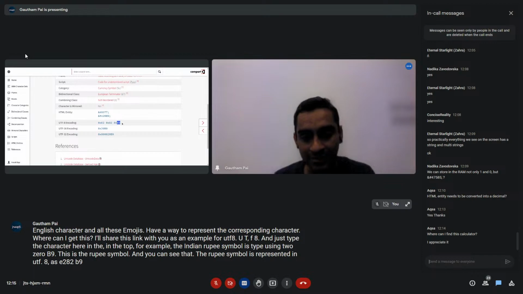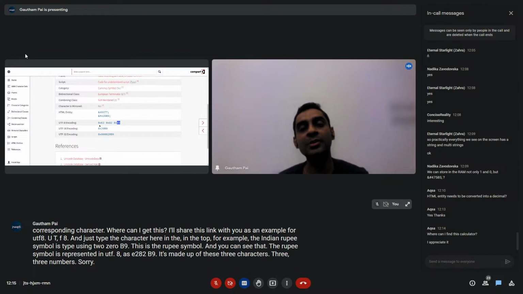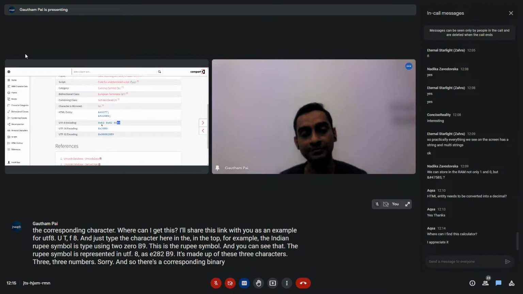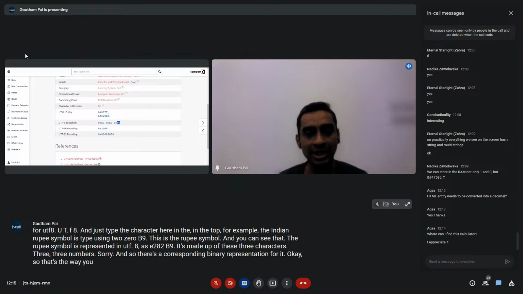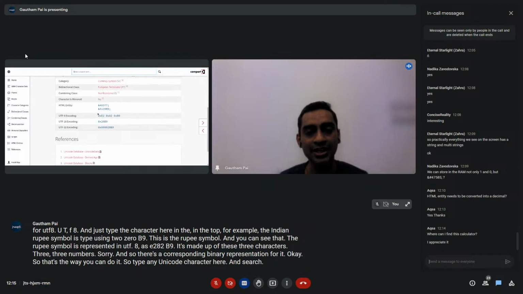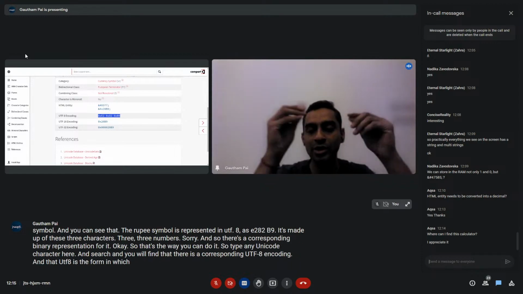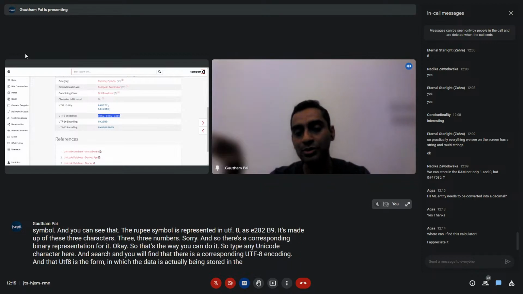So it's made up of these three numbers, and there's a corresponding binary representation for it. So type any Unicode character here and search, and you will find that there is a corresponding UTF-8 encoding, and that UTF-8 is the form in which that data is actually being stored in the RAM or being stored in your file.